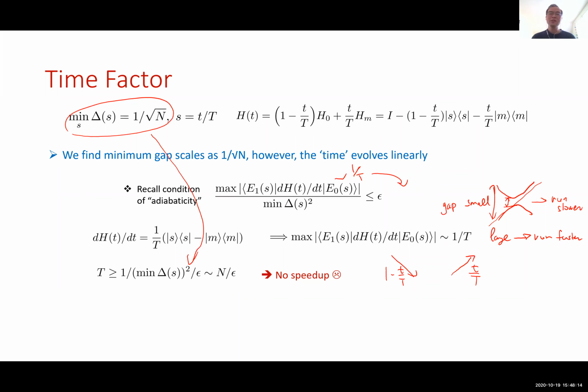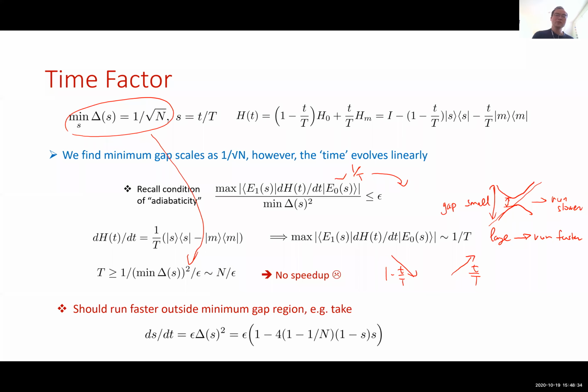So maybe this indicates we have another way. We rescale the time. We can run faster in the beginning and slow down in the middle and run faster toward the end. So that sounds reasonable. To make it quantitative, what we do is, let's say this is the rate that we're going to run the reduced time. So s is no longer this.